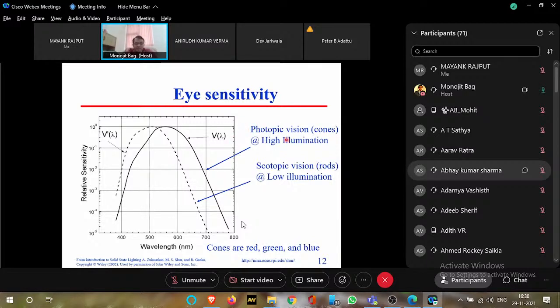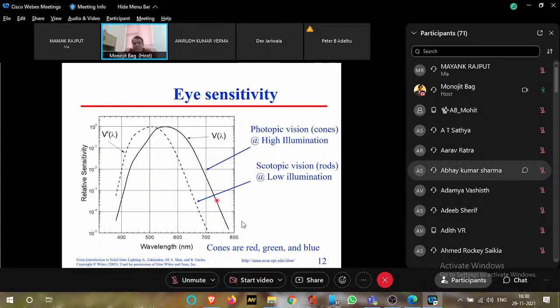Now if you look at the responsivity curve of cone cells, it looks like this. It will have a response from somewhere around 400 to maybe 530, with 540 being the maximum. That means the eye is much more sensitive towards green than blue or red.